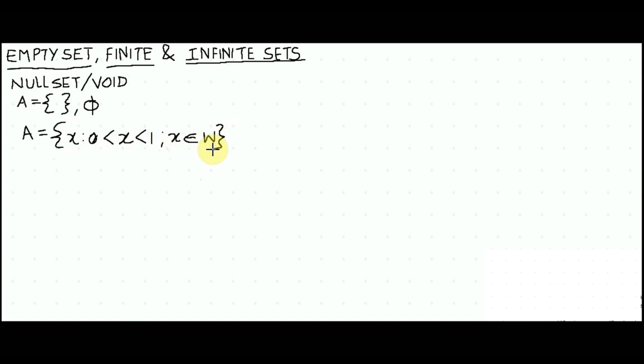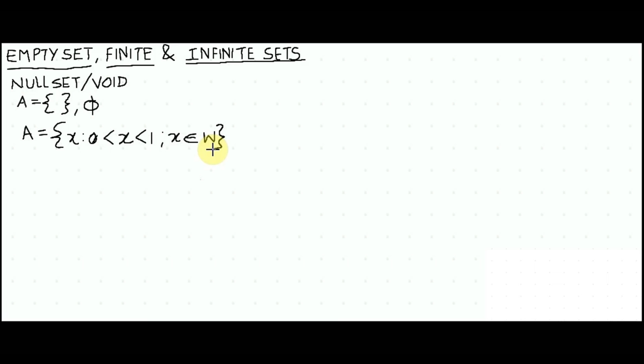Now see here, there is a set which contains the element x, and x should be between 0 and 1, but x is also a whole number. So the question is saying that we have to represent all the numbers which are present between 0 and 1, and the number should be a whole number.